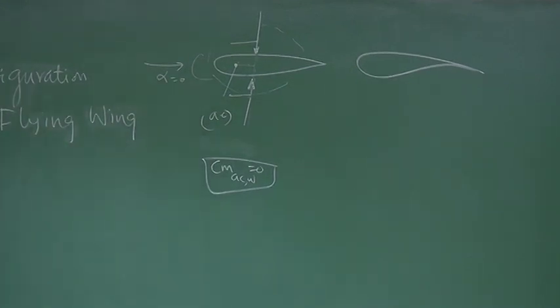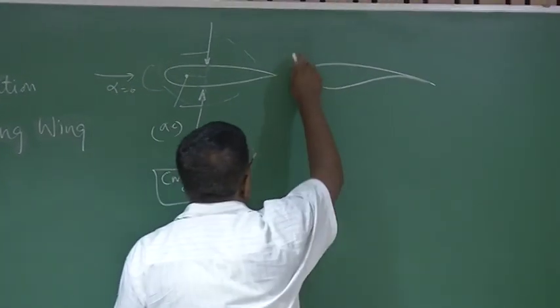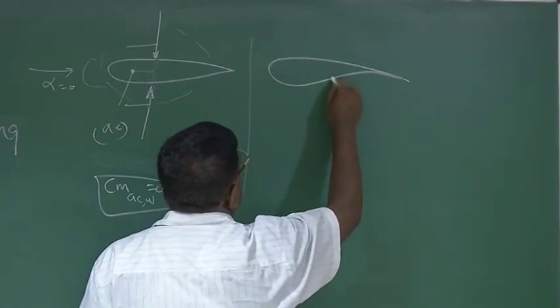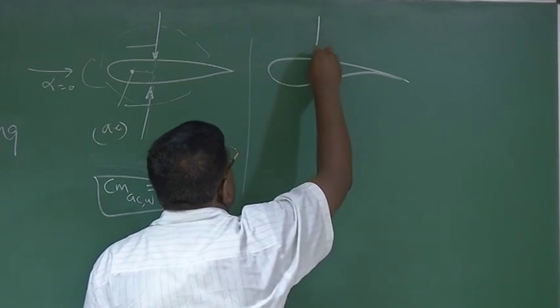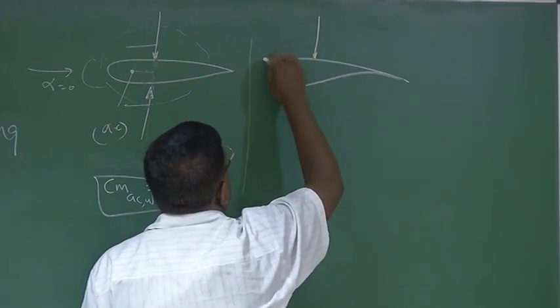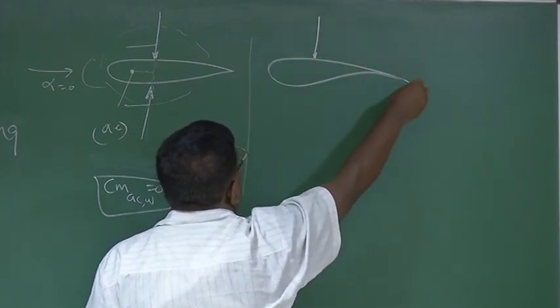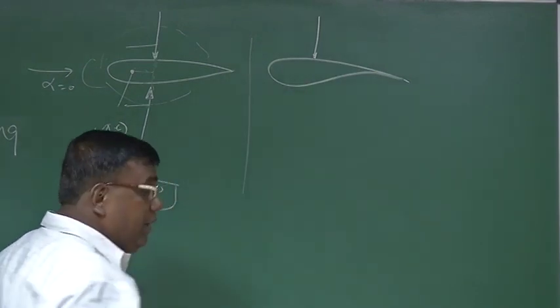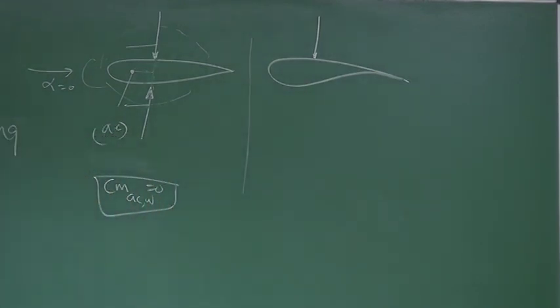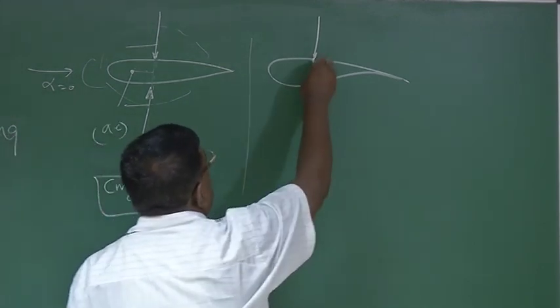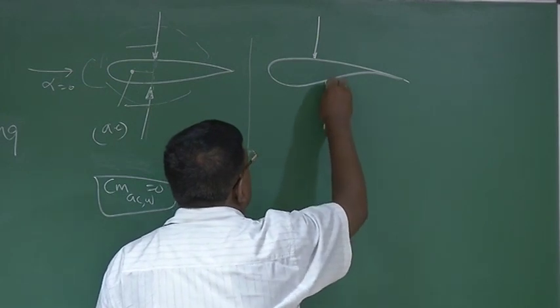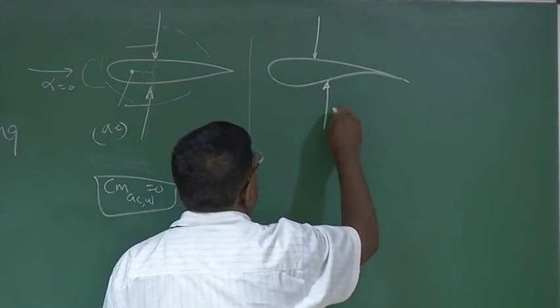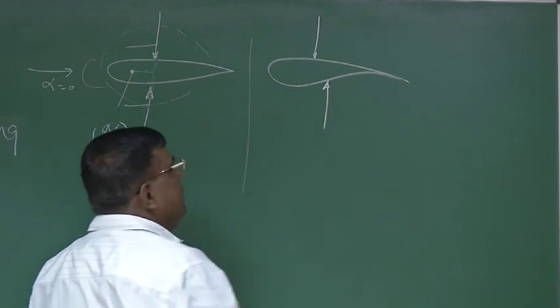Now if you see in the cambered aerofoil, in contrast, what happens with the pressure distribution because of the cambered part: if I take the resultant of the pressure distribution over the top surface, converted into force by taking the appropriate area, the resultant will be somewhere at this point, and for the bottom surface it will be somewhere here, not on the same line.